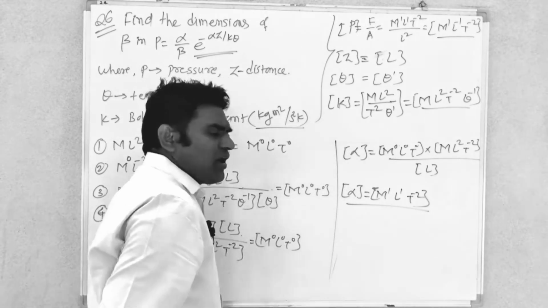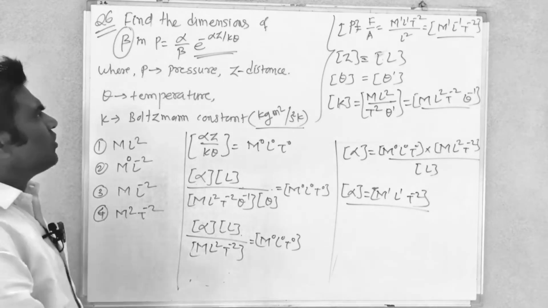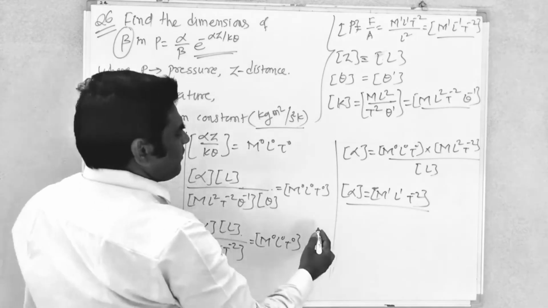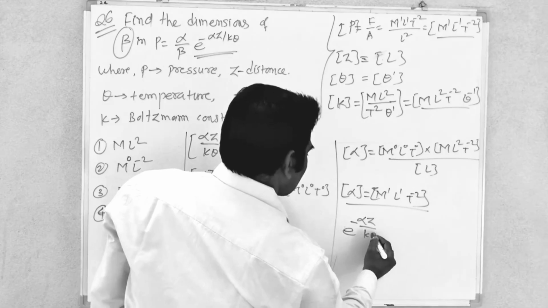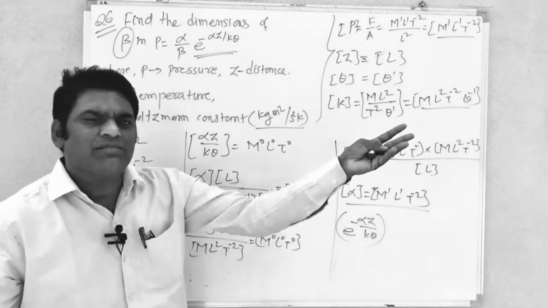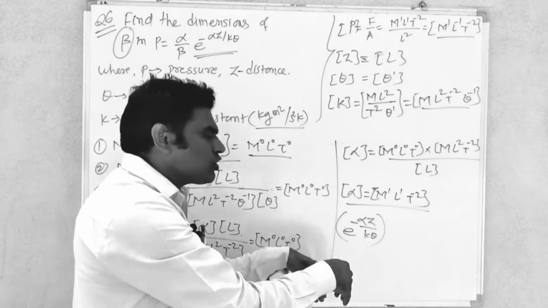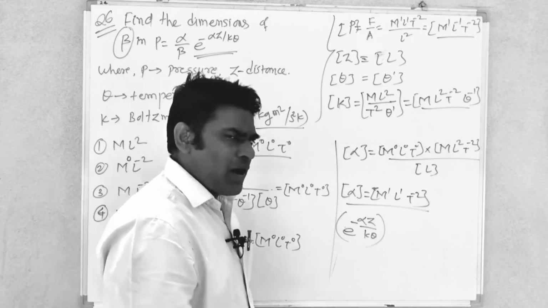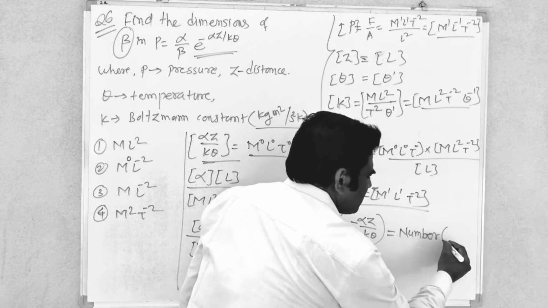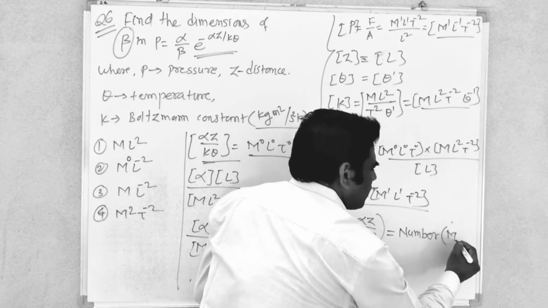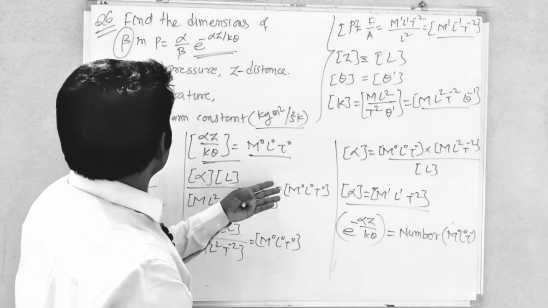Now what we have to calculate? We have to calculate the dimension of beta. So now use this concept: e to the power minus alpha z by k theta, e to the power something, power itself is dimensionless, and e to the power something is also a number, means dimensionless, M0 L0 T0. So no need to write that.